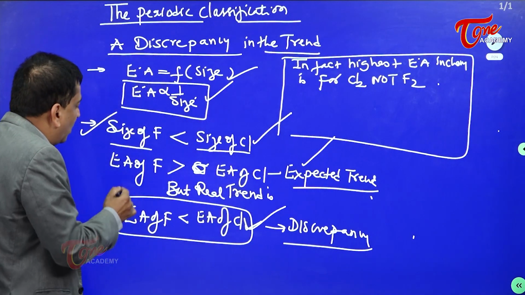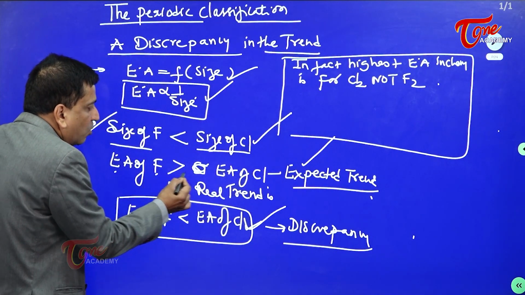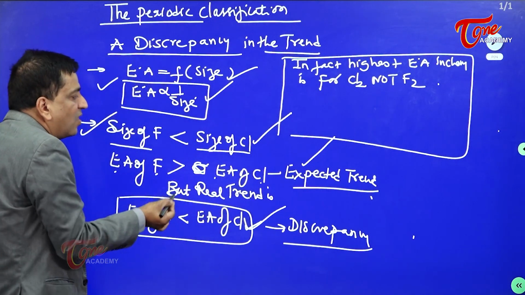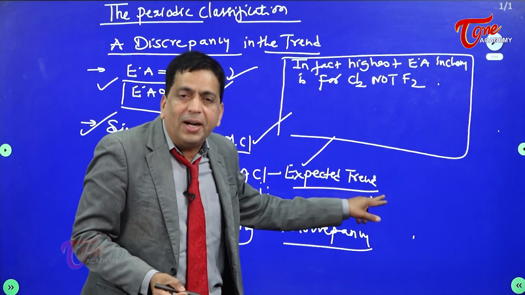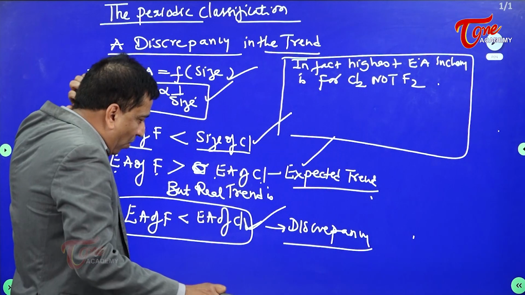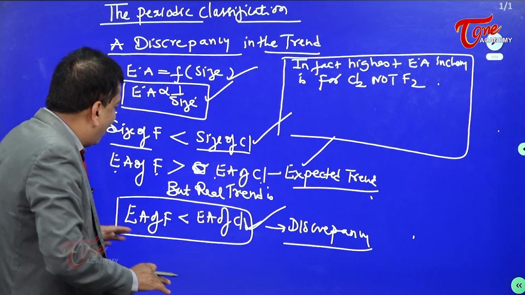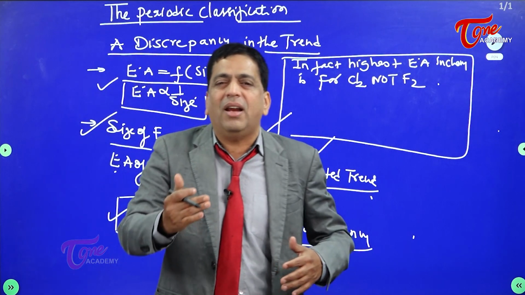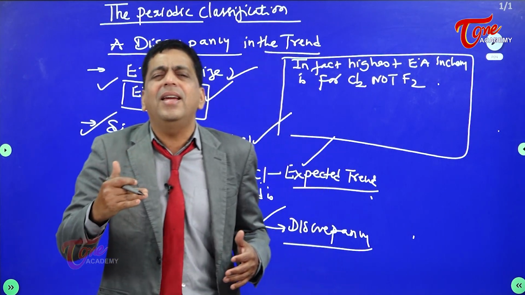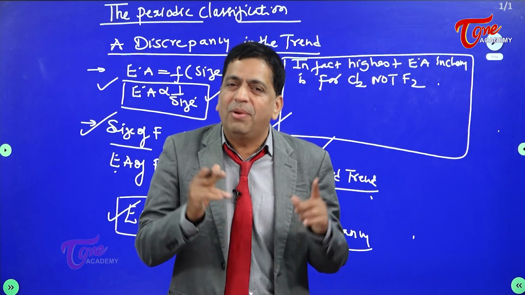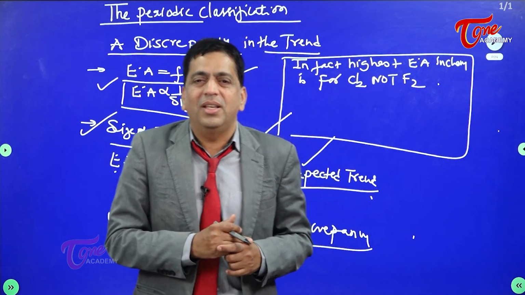And this being the case, the electron affinity of fluorine must be greater than that of chlorine, because both are inversely related. That is the expected trend. But there is a discrepancy. Actually, the electron affinity value of fluorine slightly falls below chlorine, and we want to reason for that, right?